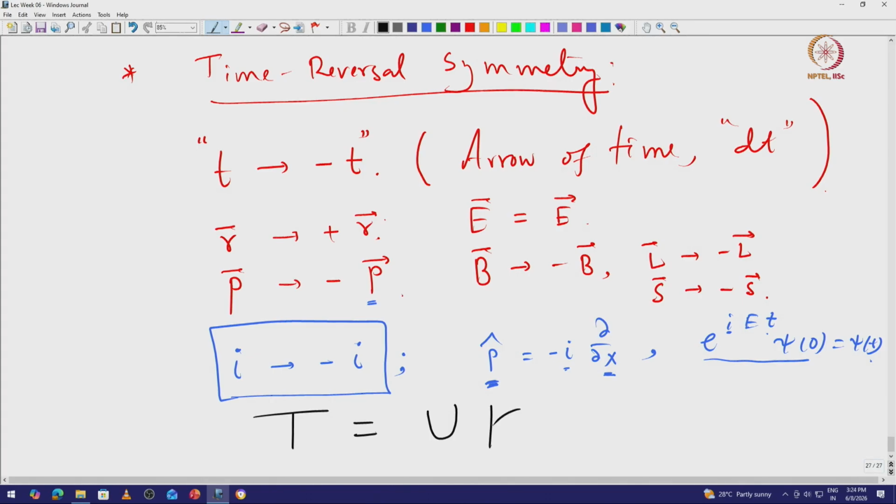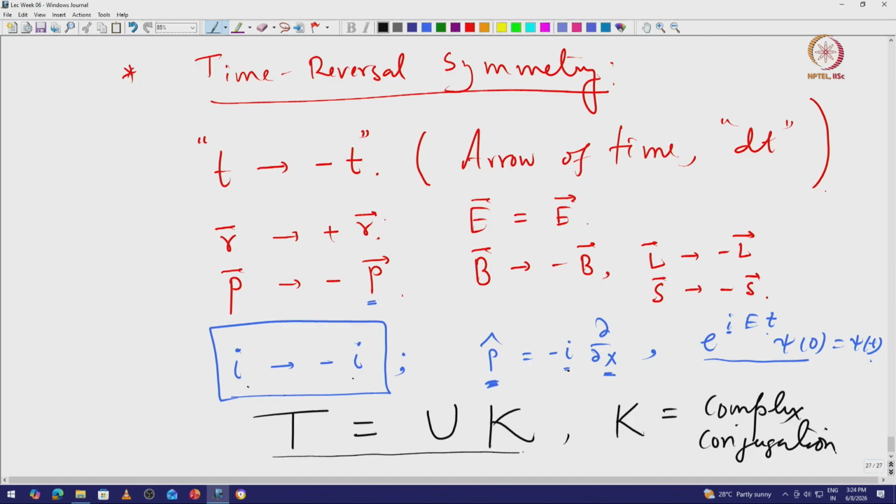On top of it, we need a complex conjugation operator which will change I to minus I wherever I appears. Okay. This is anti-unitary.